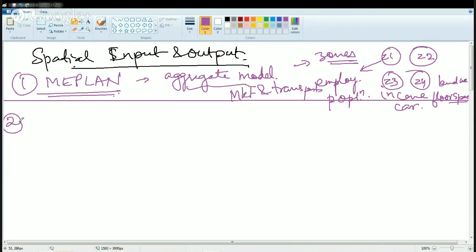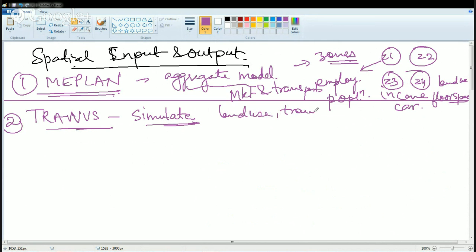The next model here is the TRANUS model. This is an integrated land use and transport modeling system. And what it tries to do is simulate the concept of land use, transport, economic activity, and financial activities in a region. So it talks about various production zones and is mainly based on supply.